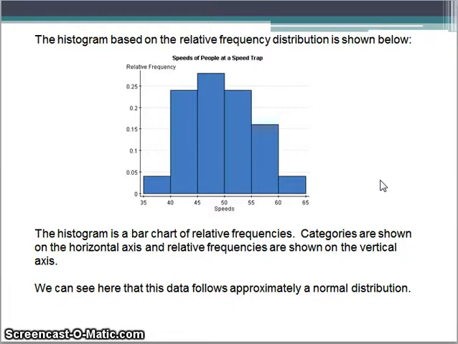And you see that with the categories. So they take the distribution that they show you and they draw a histogram based on it. They're showing the categories here, relative frequencies up here. And from here, I would say this follows approximately a normal distribution. It's close enough, I would say, that it is.